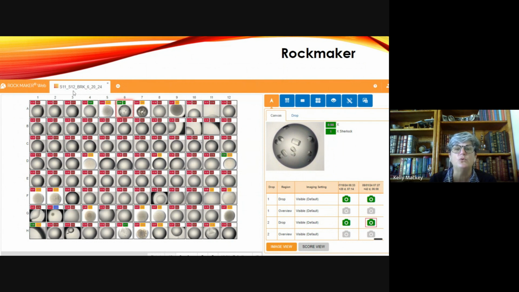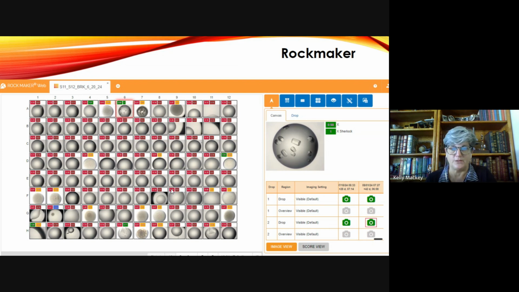Drop number 2 would be S12. BRK refers to the known screening of chemicals. So when you set up a plate under BRK's conditions, that means that it's known exactly what mother liquor precipitant recipe is in every single one of these wells.